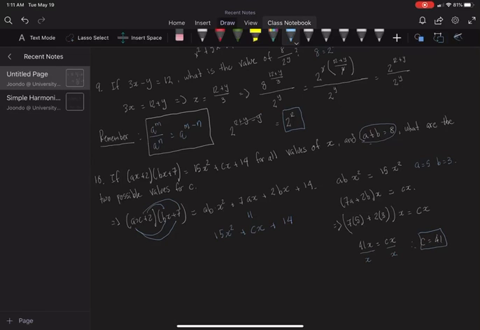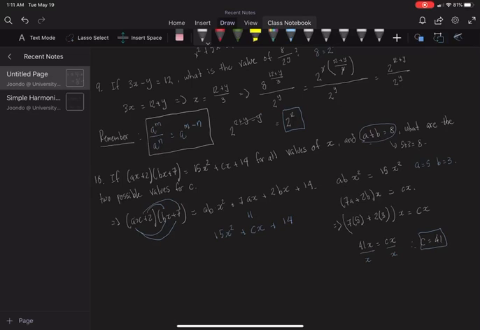Well, we found one of the values. Now we have to find two of the values. And the reason why we know this is true is because a plus b has to be equal to 8. And if you see this, 5 plus 3 is definitely equal to 8.